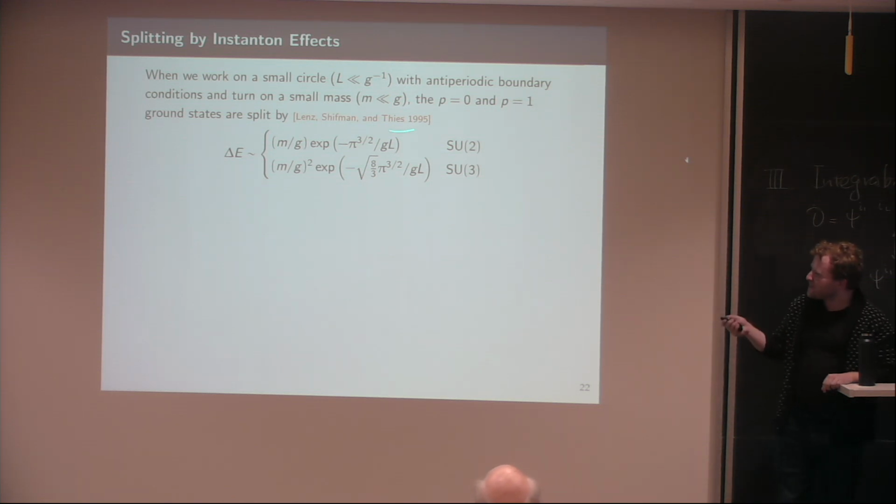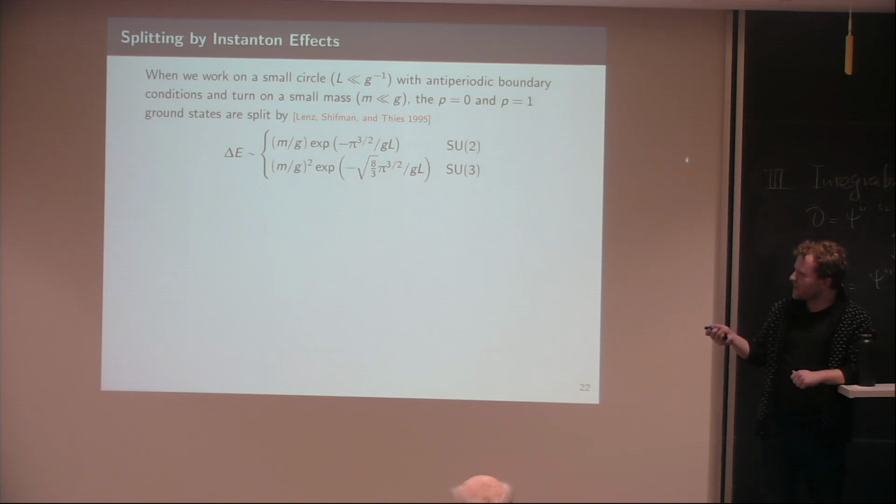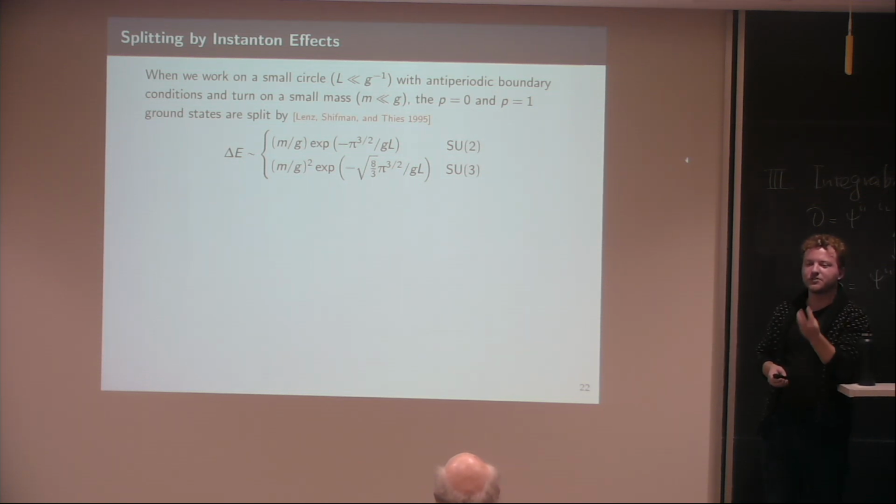So as Misha and other authors showed us in 1995, you can do a very nice instanton calculation and say how the trivial and the fundamental universe split when you turn on a very small mass. And it turns out to be exponentially small in 1 over the circle length. So on a small circle, you should see a really small splitting between these two energies.